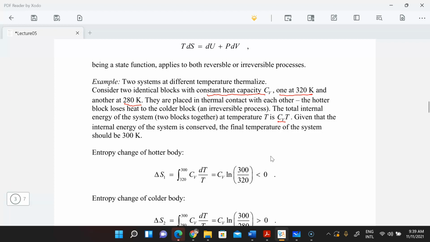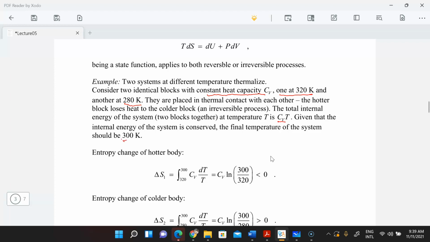Okay, so for the final system, here you have one block at 320, the other block at 280. So it will try to thermalize and be in equilibrium with each other, so that it becomes the same temperature.